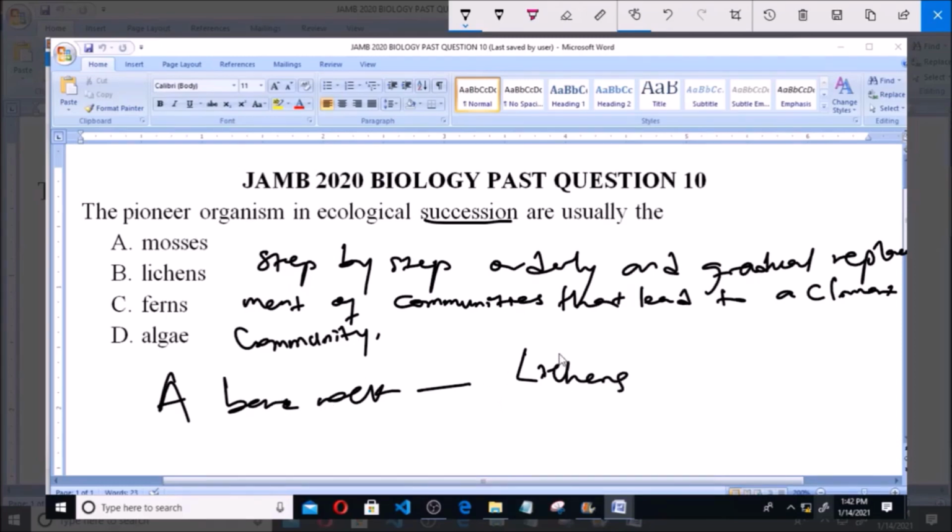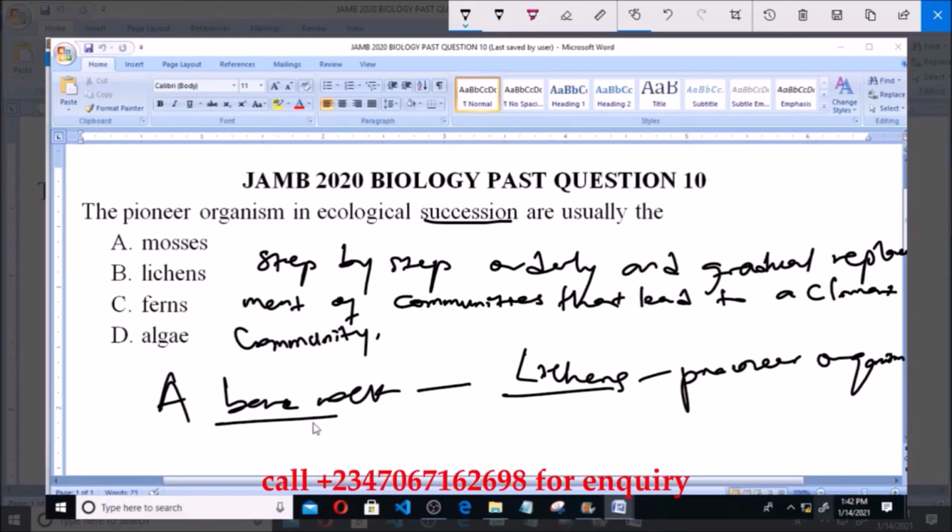Now they grow and establish themselves on this bare rock, and because of that they are referred to as what? The pioneer organisms. They are always the first organisms to establish and grow on a bare rock. Now, their presence and other abiotic factors then lead towards the crumbling of this rock, which leads to soil formation.